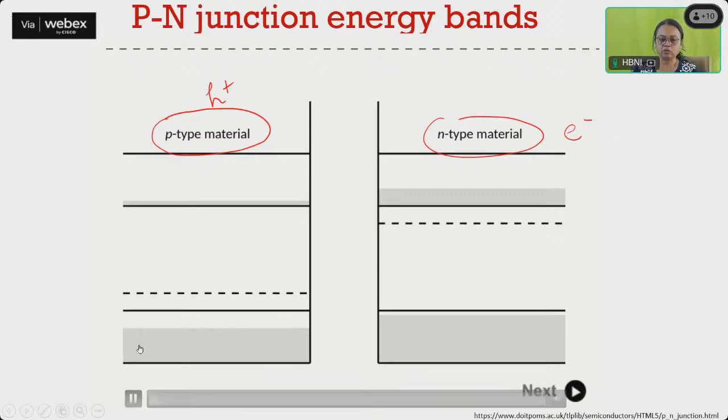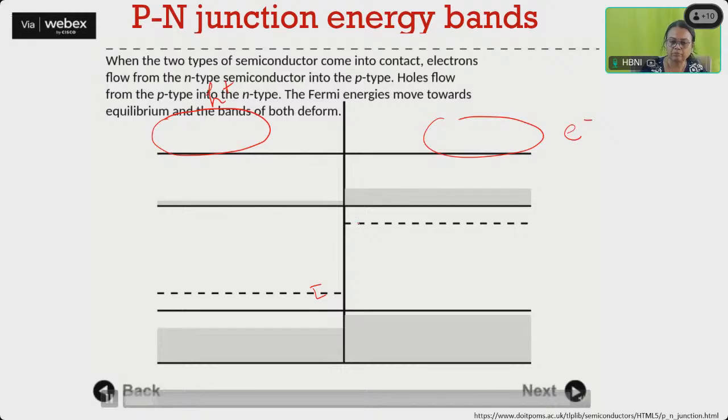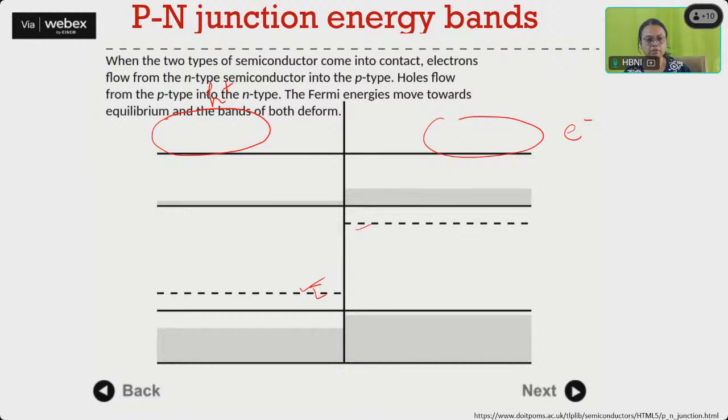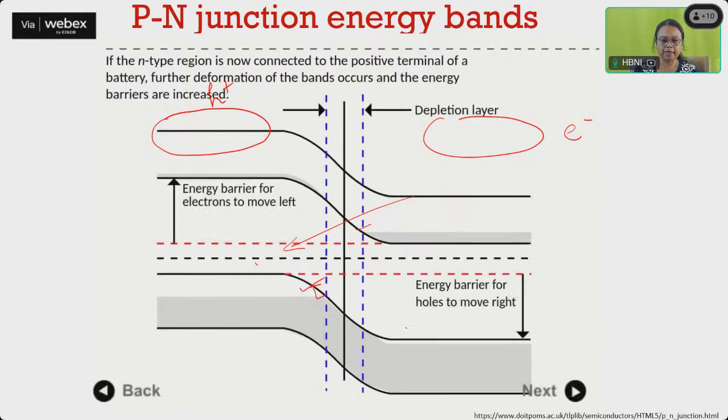Initially this is their Fermi level, we have the Fermi level here and here. When the two types of semiconductor come into contact, electrons flow from the N-type to the P-type, and the holes flow from the P-type to the N-type. So this is now the new energy band diagram.